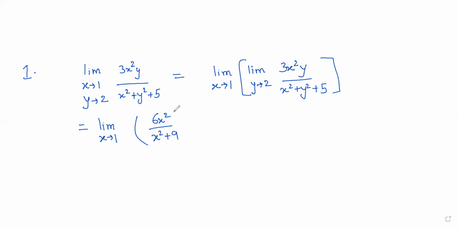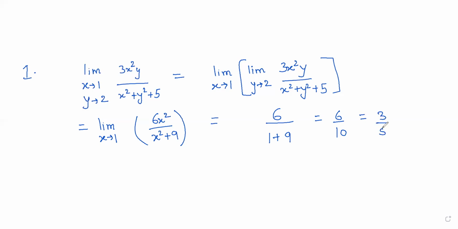Now we apply x tends to 1, that means in place of x we write 1. 1 squared is 1 and 1 + 9 is 10. So this will be 6 by 10, which equals 3 by 5.